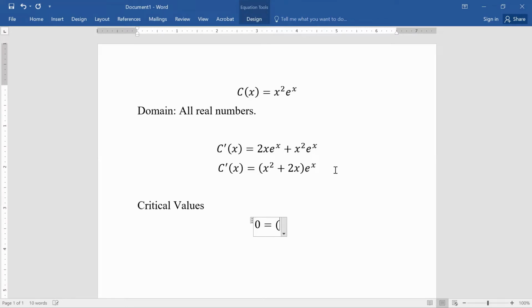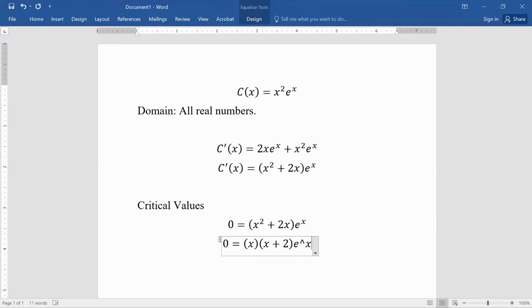If I want to look at critical values, I set that first derivative equal to 0. Once again, I'm setting that equal to 0 because there's no way in which this can't exist. The domain of the derivative is all real numbers. If my first derivative is set equal to 0, then 0 has to be either x, or x plus 2, or e to the x.